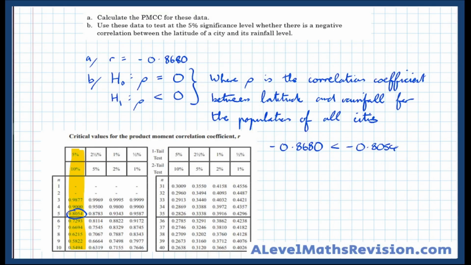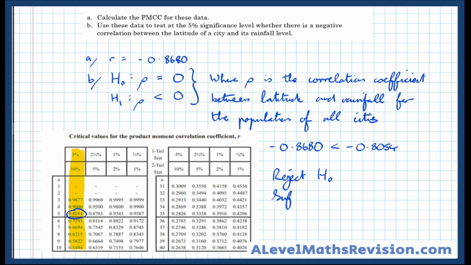The question to ask yourself is, does this exhibit more correlation than the critical value? If it exhibits more correlation, we've got evidence of correlation. If it exhibits less, then we haven't. Even though it's less than, it's closer to -1, so our calculated value is more correlated than the critical value. Therefore, we can reject H0.